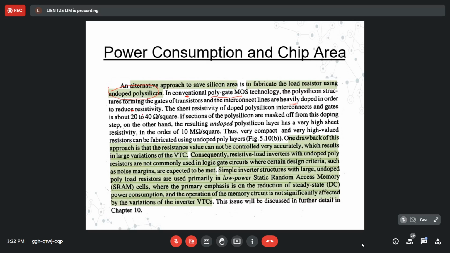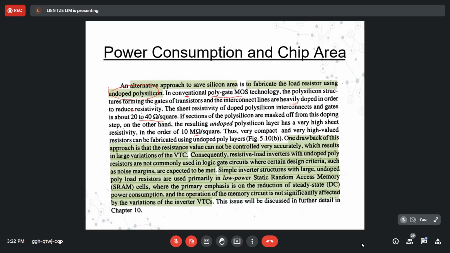Normally the resistivity of the doped polysilicon interconnects and gates is about 20 to 40 ohm per square. If sections of the polysilicon are masked off from this dopant step, on the other hand, the resulting undoped polysilicon layer has a very high sheet resistivity in the order of 10 mega ohm per square.